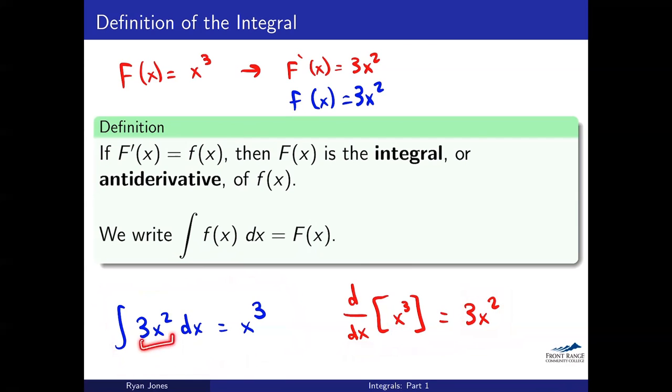I have a function 3x squared, and when I take an integral of it, I get my result x cubed. Again, don't worry about this dx. But these should look fairly similar in terms of their format. There's some calculus operation here, whether it's an integral or a derivative, and then there's a notation that describes what function I'm doing that calculus on, and then my answer and the result that I get there.